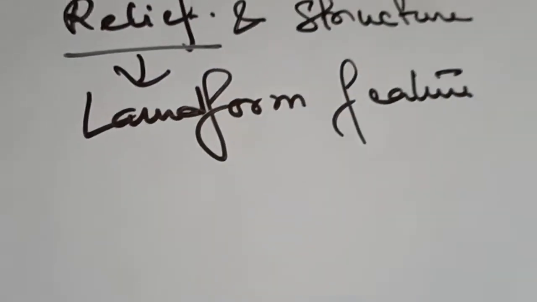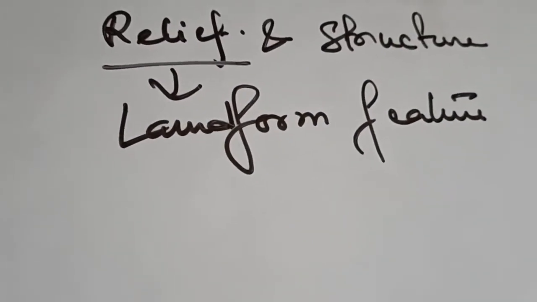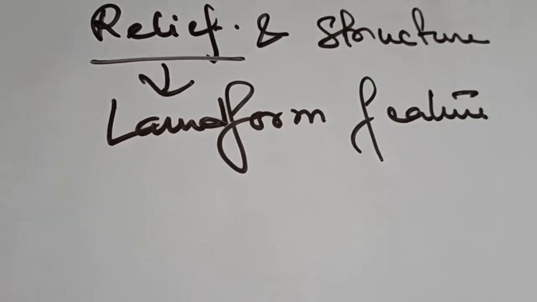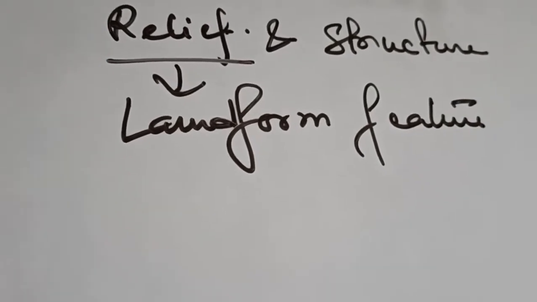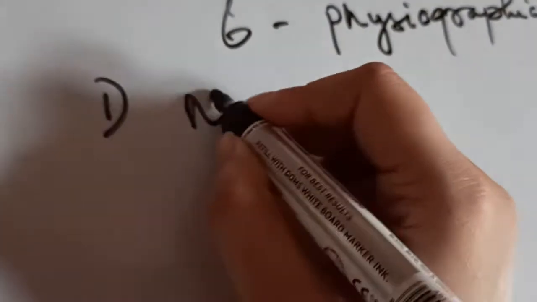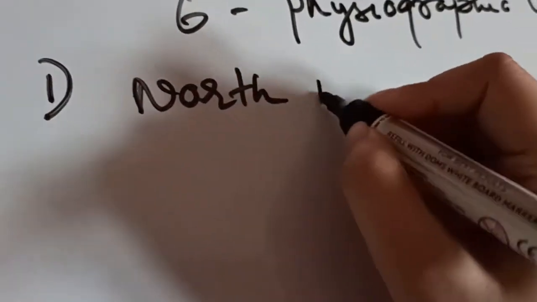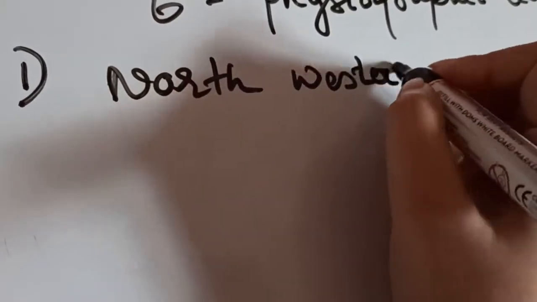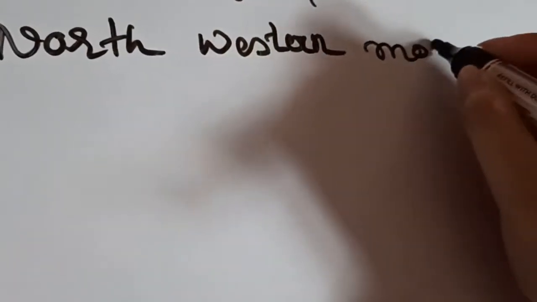So based on the landform, or the physical division of Europe, it is divided into 6 physiographic units. The names of those physiographic units are: number 1 is the northwestern mountain and plateaus.